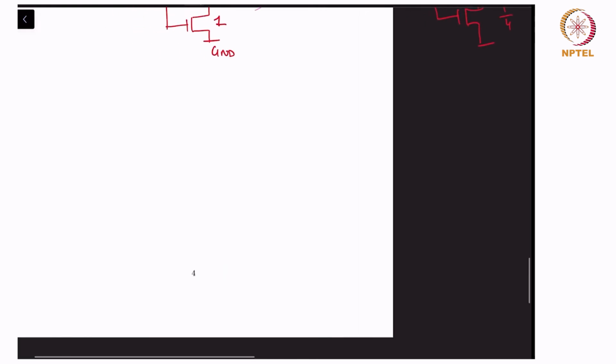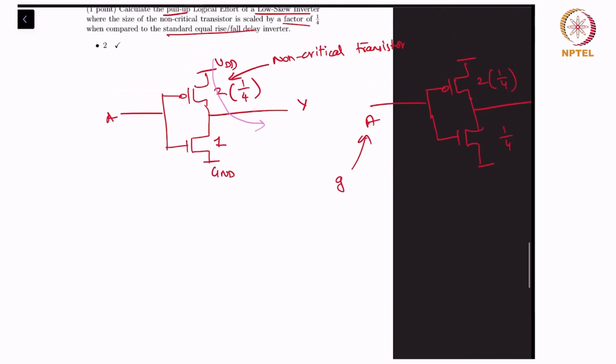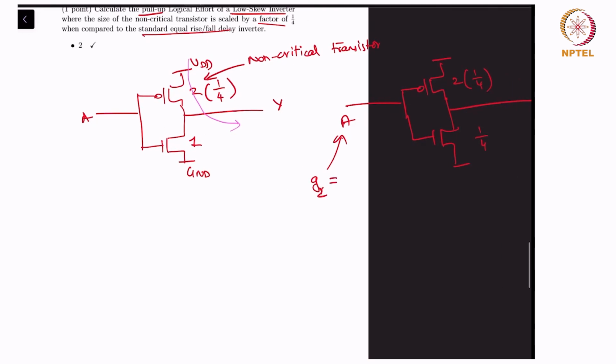So the input gate cap here, let's call this C2, is equal to 2 into 1 by 4 plus 1 by 4, which is 3 by 4. And the input gate cap here, let's call it C1, is 2 into 1 by 4 plus 1, which is 6 by 4.